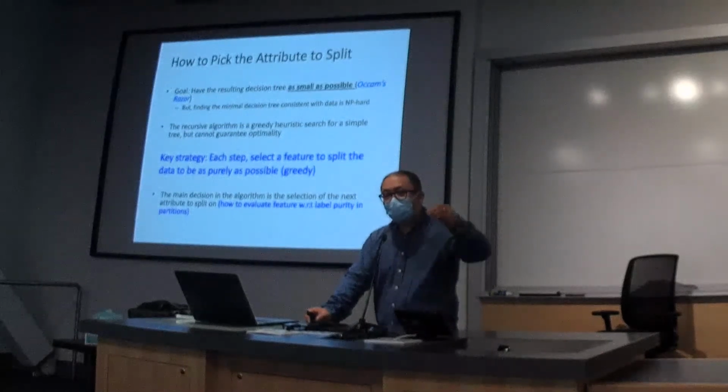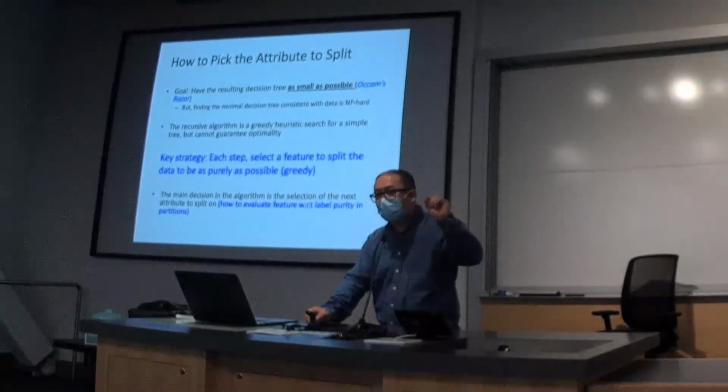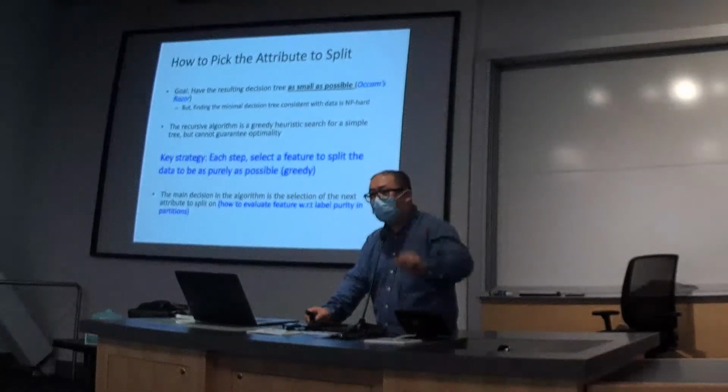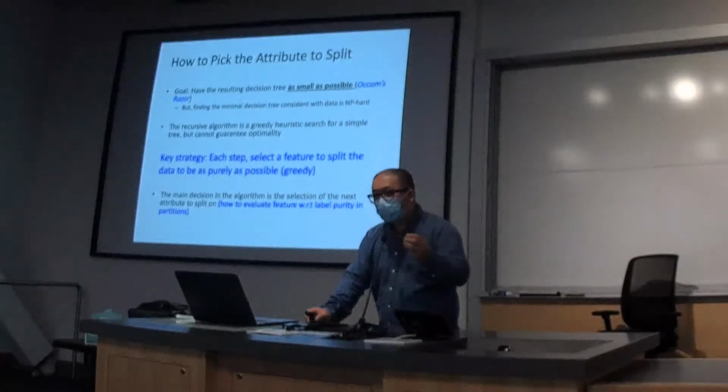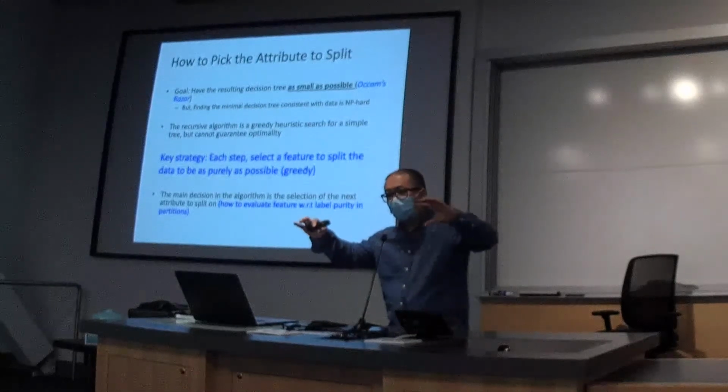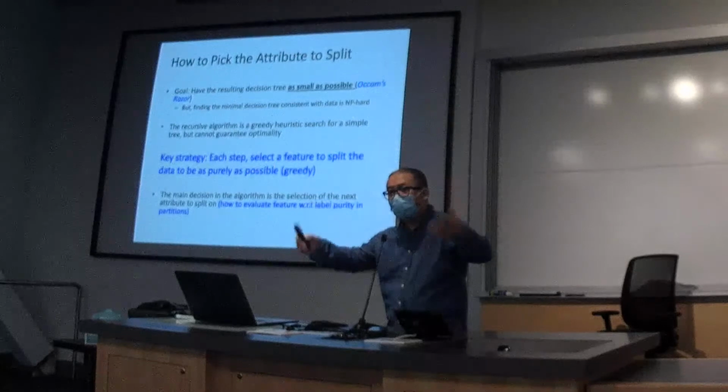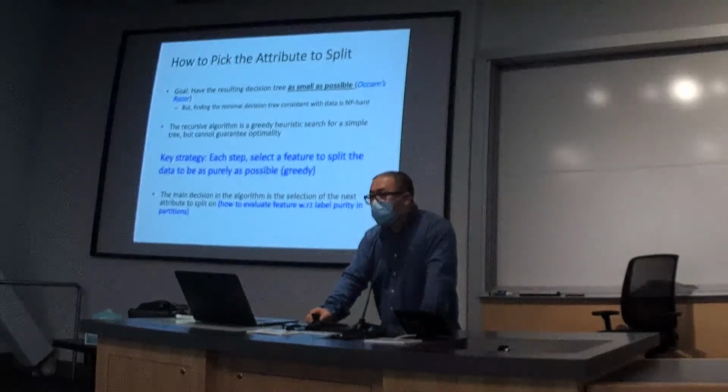Each time I choose a heuristic principle, we know that it just satisfies the local optimum. At the current step, which attribute can make my tree have labels as pure as possible?